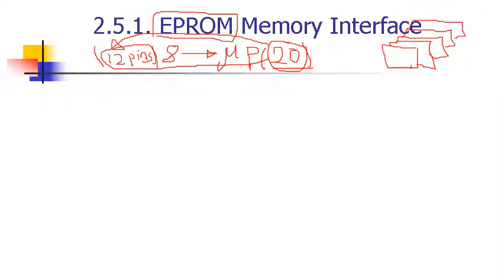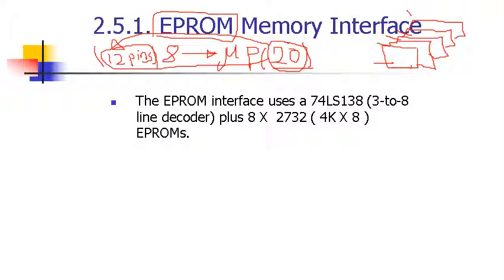We need a decoder to decode a larger number of pins into smaller ones, in addition to selecting among different memory chips.